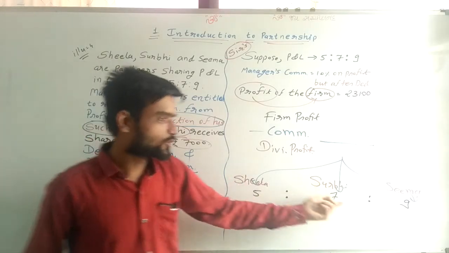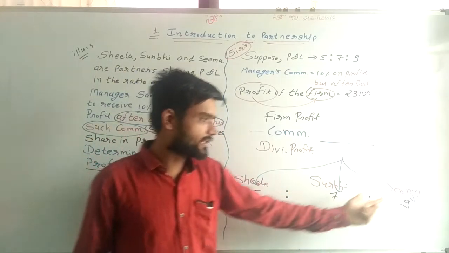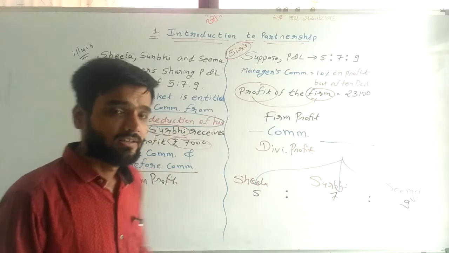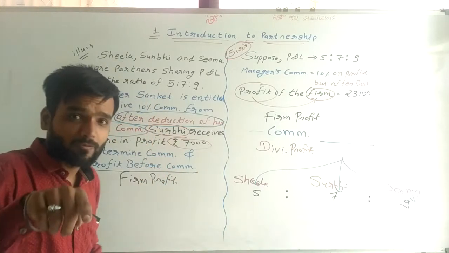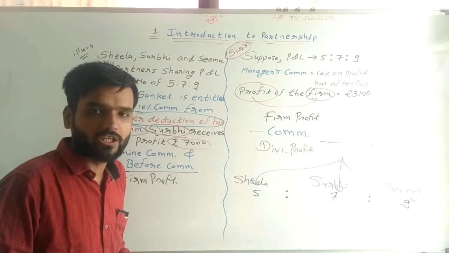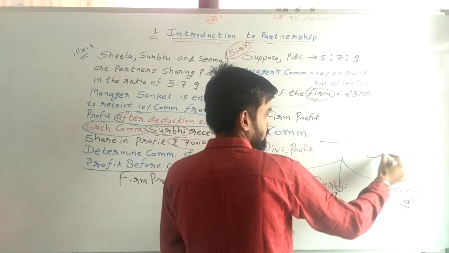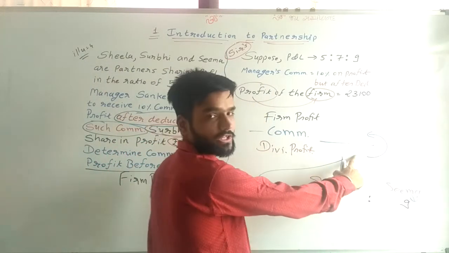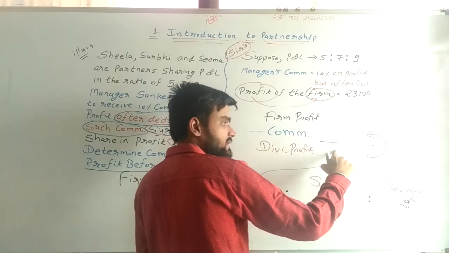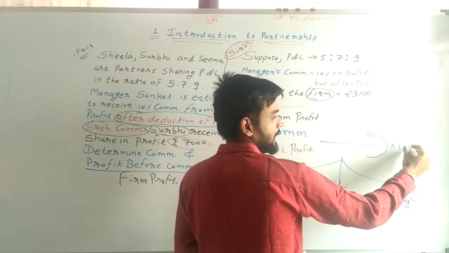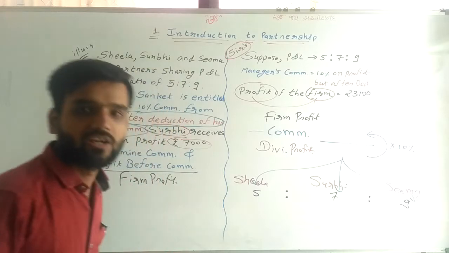So Sheila, Surbhi and Seema are partners. Their P&L ratio I have written here. Now if we have divisible profit, then we can directly find commission from this divisible profit, because divisible profit into 10% is my commission.